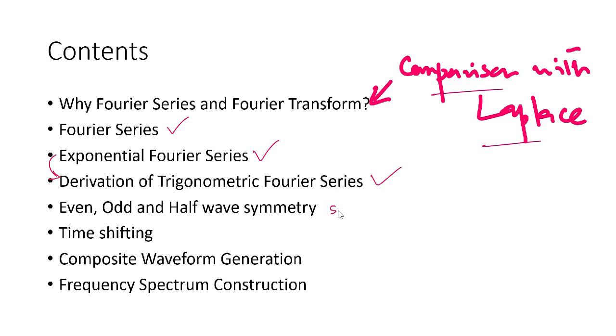So symmetries would be the even, odd and half wave symmetry, and based on this we will analyze our signal. We will visually see our signal, and then we will analyze whether it is an even symmetry, odd symmetry, or half wave symmetry, and then we will derive the trigonometric or exponential Fourier series for it.